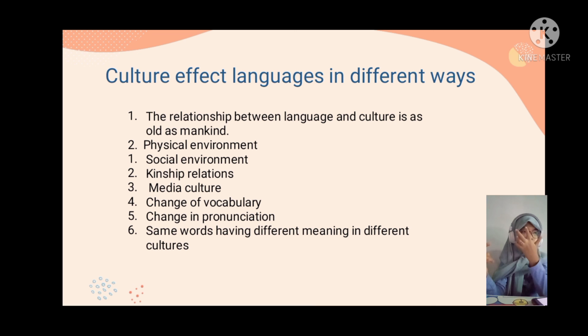And then media culture often brings so many perspectives. Different cultures will also bring different media culture. Change of the vocabulary, of course. The vocabulary in Arabian, in British, is always different from Indian, for example.